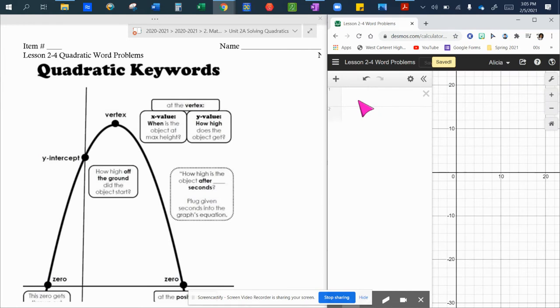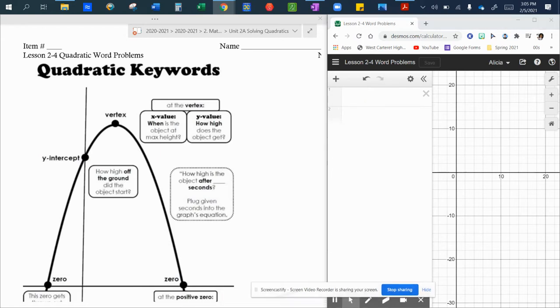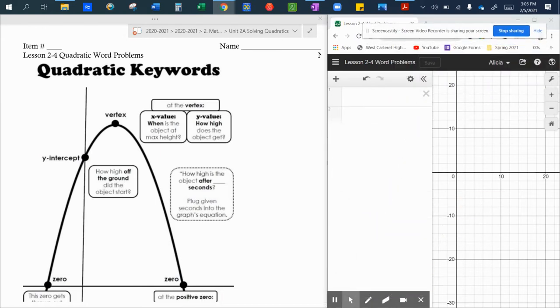So I'm going to start by reviewing the quadratic keywords. There is an additional video for this review, so I'm not going to spend a great deal of time on it, but we do need to understand these keywords.